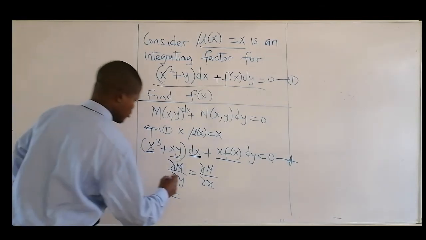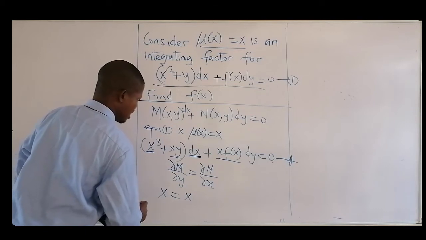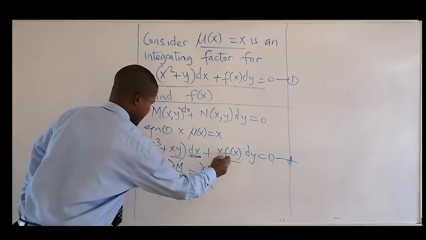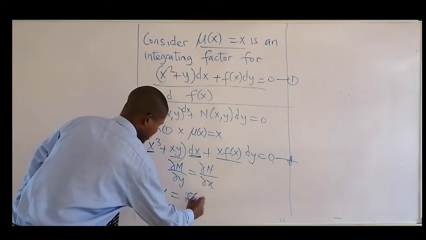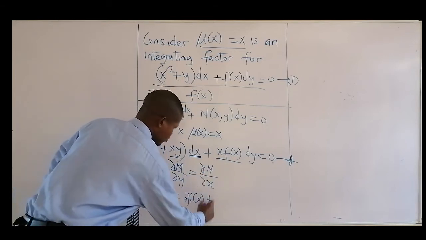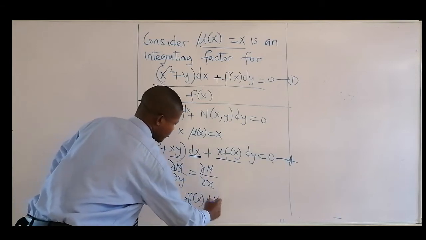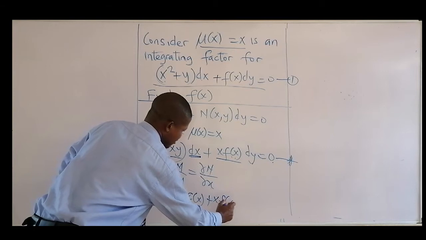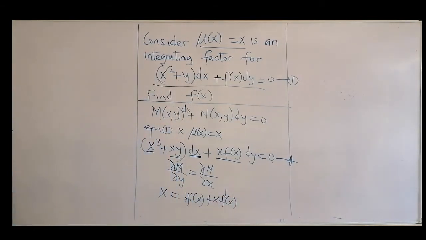We use the product rule. We can keep this one constant and differentiate this, which will be f of x, and then plus, differentiate this, and that will be x times f prime of x. You differentiate that and keep the x constant.